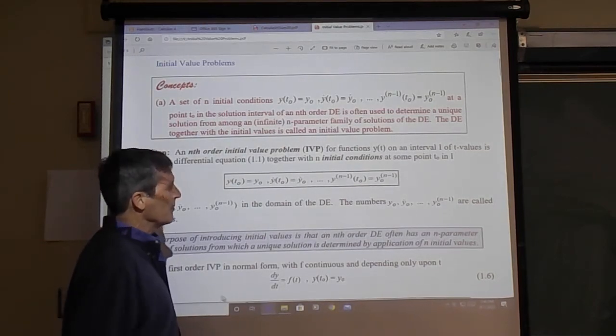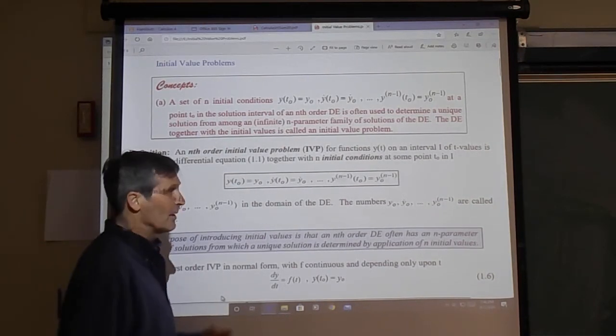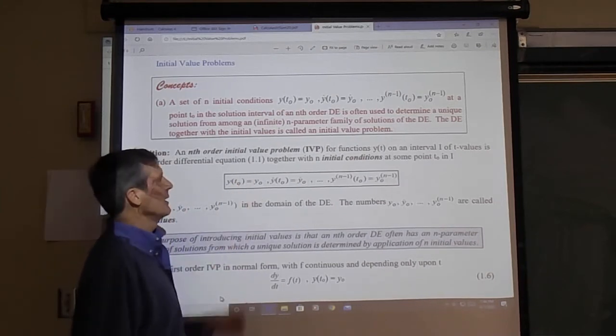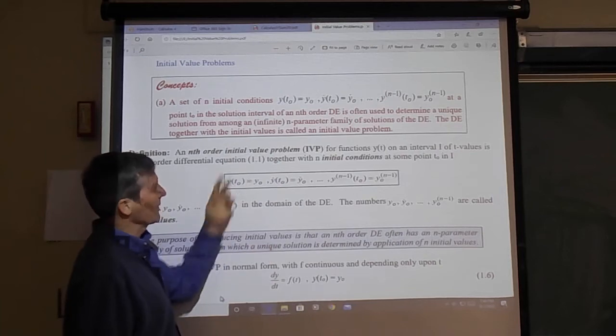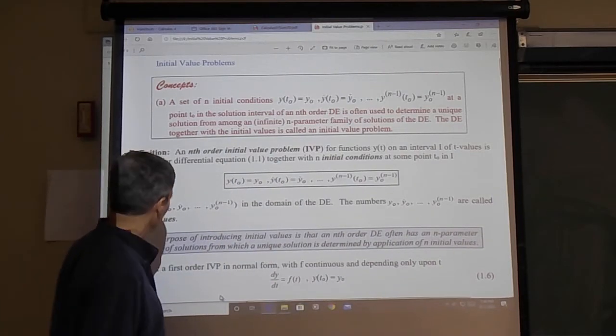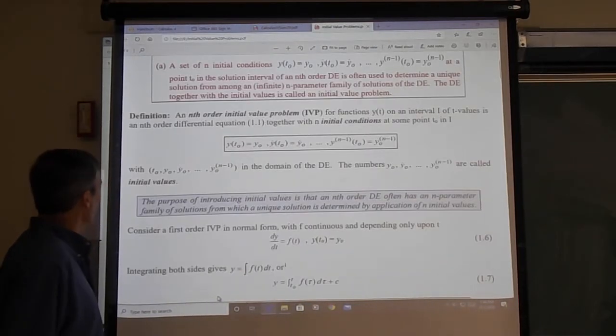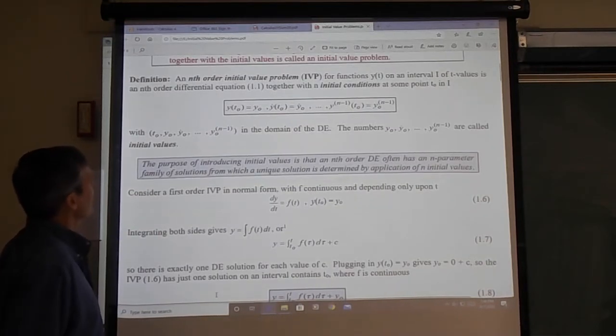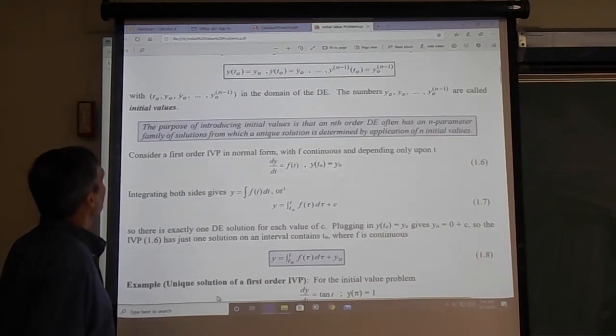And in many common situations, this identifies a unique solution out of the n integration constants that come from integrating an nth order differential equation n times to try and solve it. So you find the solution set, then you apply the n initial conditions, and you can get a unique solution, hopefully. That happens in a lot of cases.